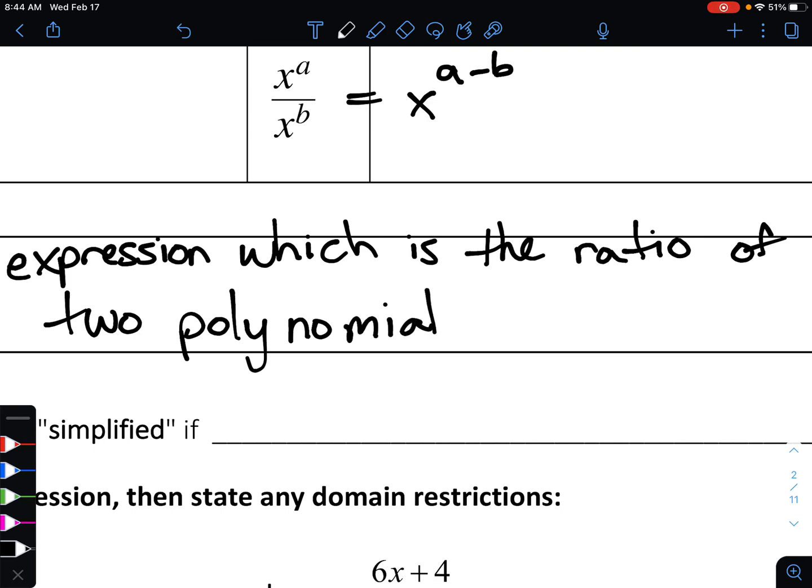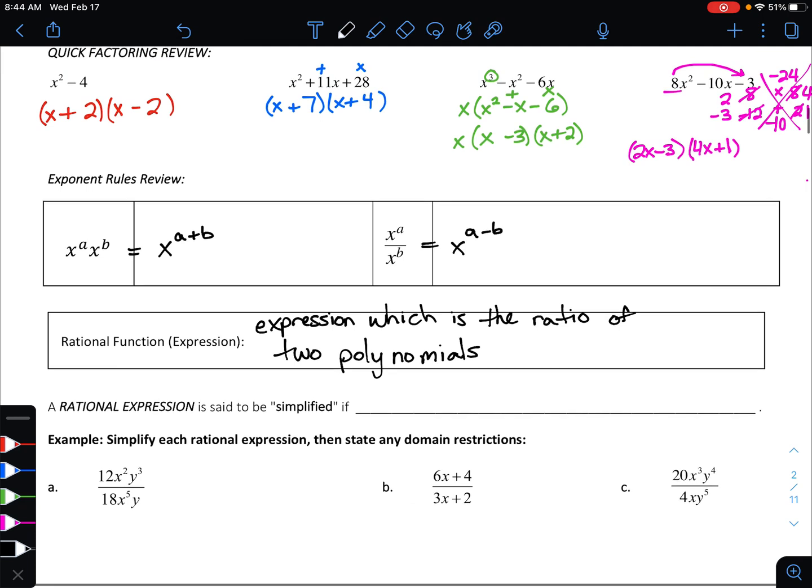Which is why we need to study this after Unit 5, where we talked about polynomials. We need to have an understanding of what a polynomial is before we can talk about rational functions, since rational functions are made up of polynomial functions.